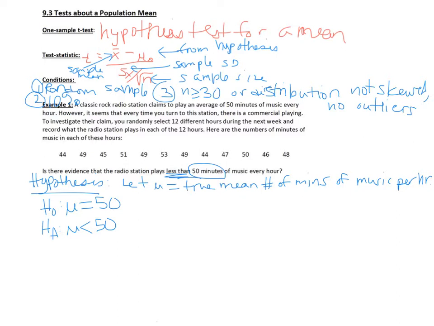The next thing I need to do, of course, is to check my conditions. So make sure that you're actually checking your conditions. One mistake I see a lot of students do is they get kind of lazy with their conditions and they just write down what the conditions actually are. But in this case, you do need to check them, in every case, actually. They told you specifically that the hours were selected randomly.